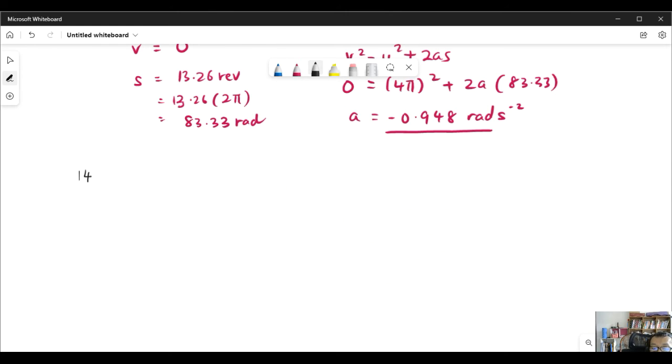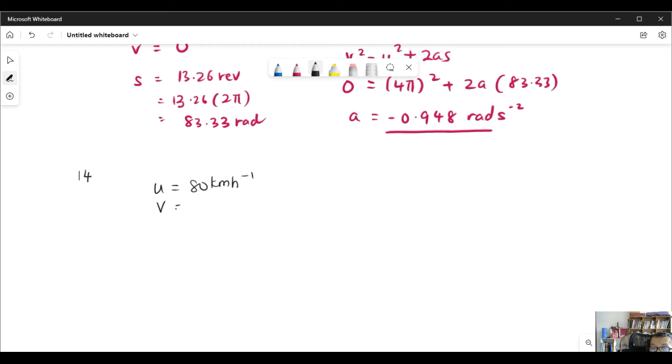For 14, the tires of a Myvi car make 65 revolutions as the car reduces the speed uniformly from 80 to 30. Initial is 80 km per hour.